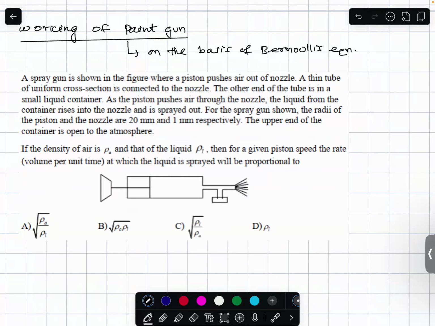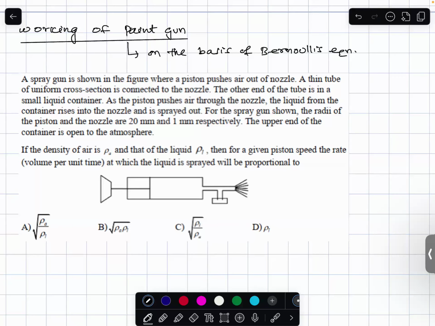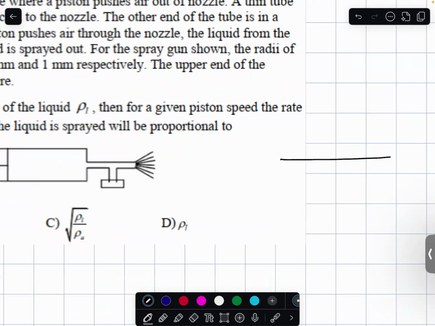You are creating a pressure difference by maintaining the flow of the air above this. What is actually happening in this T tube is that by blowing air, we are creating low pressure here.